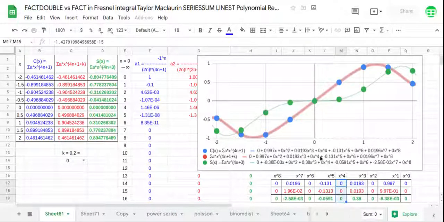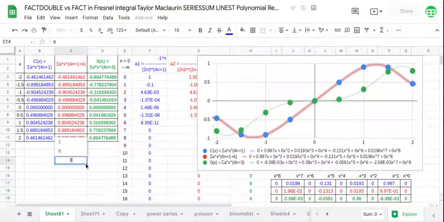Coefficient of x to the fourth, 0. Coefficient of x to the fifth, negative 0.1313, and 0.0591. Coefficient of x to the sixth, 0. Coefficient of x to the seventh, 0.0196 and 2.58 times 10 to the minus 3. Coefficient of x to the 8, 0.